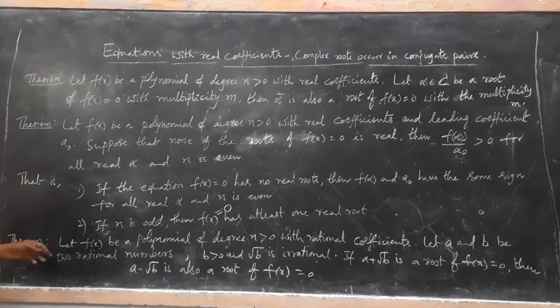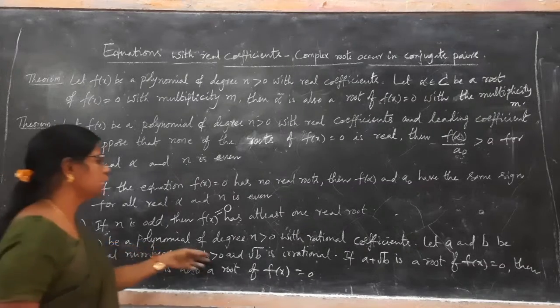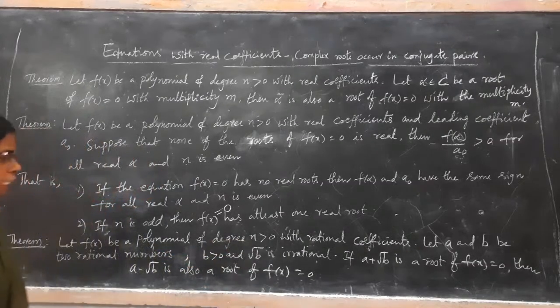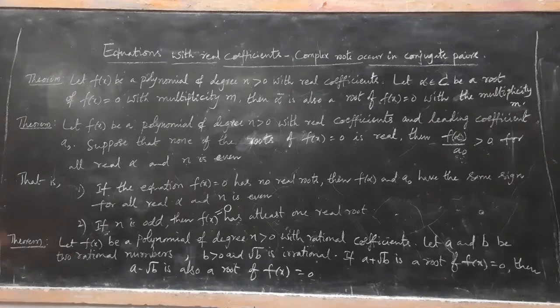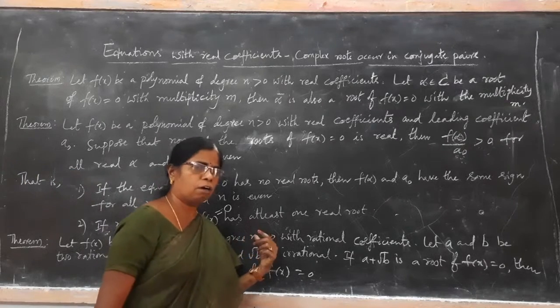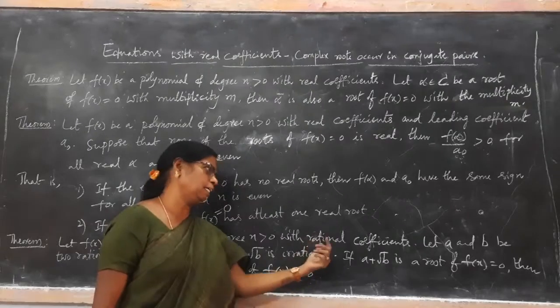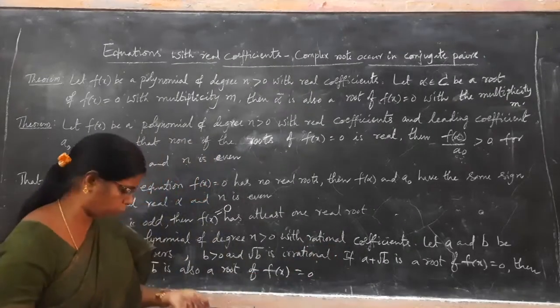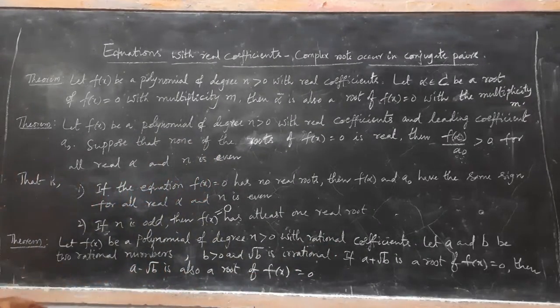See here, let f(x) be a polynomial of degree n greater than 0 with rational coefficients. That is, you have to observe. Earlier we said real coefficients, in this situation all coefficients should be rational only. Rational numbers only should be there, no irrational numbers.